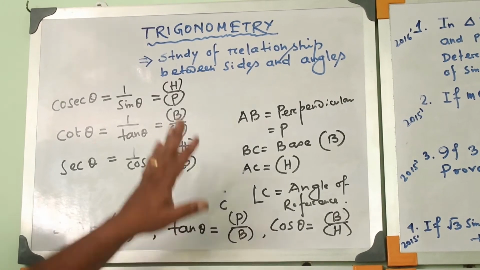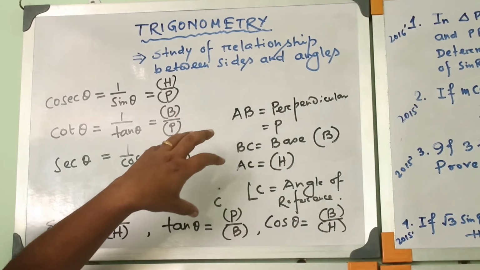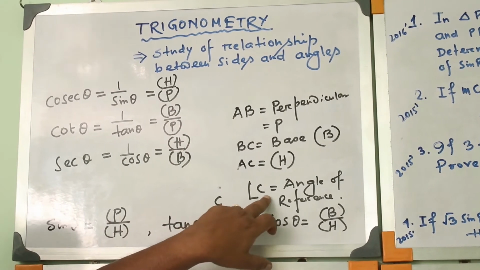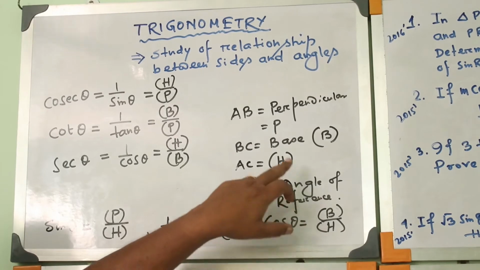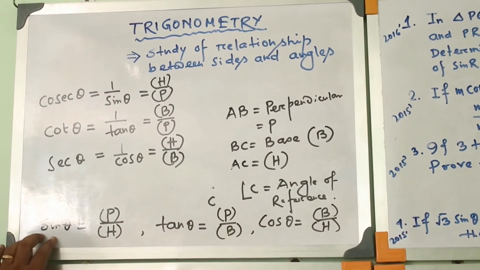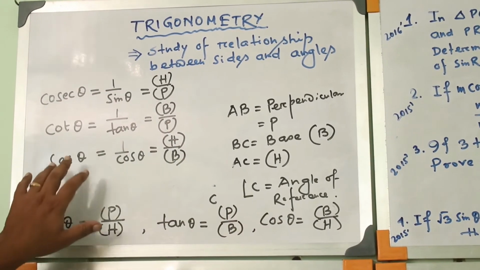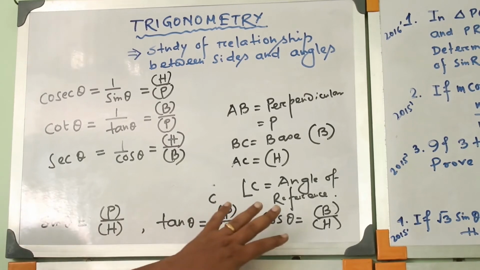So trigonometry is the study of the relationship between sides and angles of a triangle. For a right triangle, at first you have to consider the angle of reference and the perpendicular, base and hypotenuse, and next the different ratios: sin theta, tan theta, cos theta, cosec theta, cot theta, sec theta. You have to remember this one.